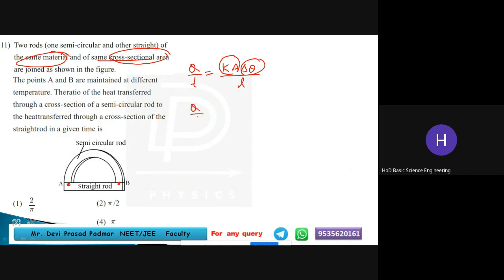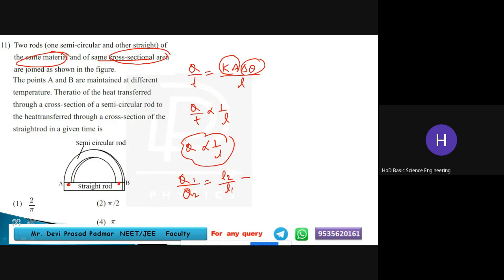Therefore, we can write Q by T is proportional to 1 by L only. And what about time? In same time, so time is same. Therefore, Q proportional to 1 by L. Therefore, we can write Q1 by Q2 equal to L2 by L1.